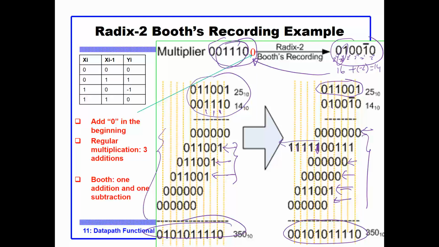Notice here I have 3 rows which are non-zeros. Here I just have 2 rows. I reduced the number of additions by using Radix-4. So Booth encoding tries to reduce the number of rows which are non-zero.